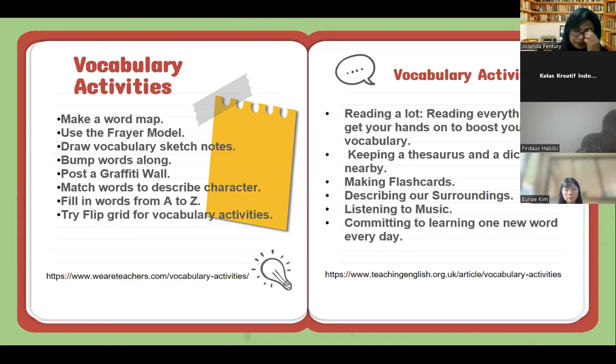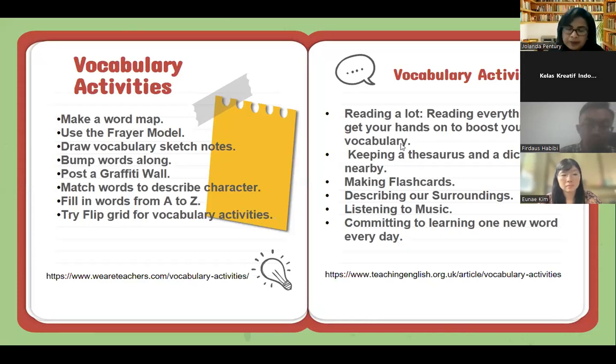In my experience, I have them describe their friends or give opinions about their friends. I ask them to sit in a circle, and first they describe themselves on a piece of paper. When I say move, they pass it to the next friend, and the next friend will give a comment or describe their friend.